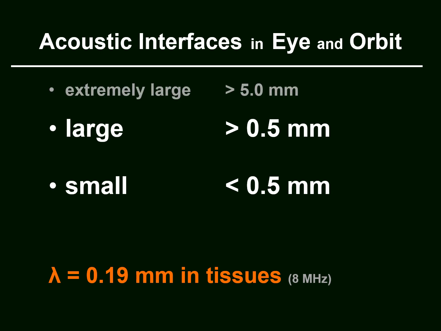And then we have extremely large interfaces that are larger than half a millimeter, but they behave basically like the large ones. And we have extremely small ones that are smaller than 50 micron. We cannot resolve them with the lambda of 8 megahertz.